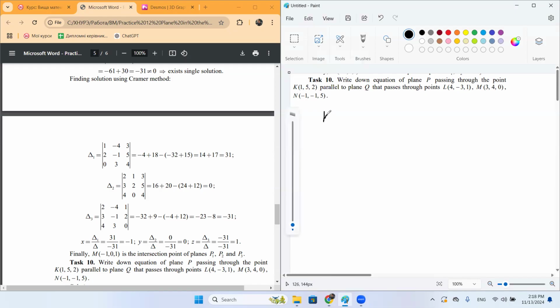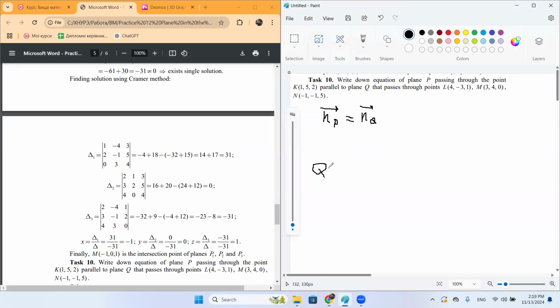Right. So NP is equal to NQ. And how to find the normal vector NQ? We just need to write down the equation of plane Q, and we have everything for it.